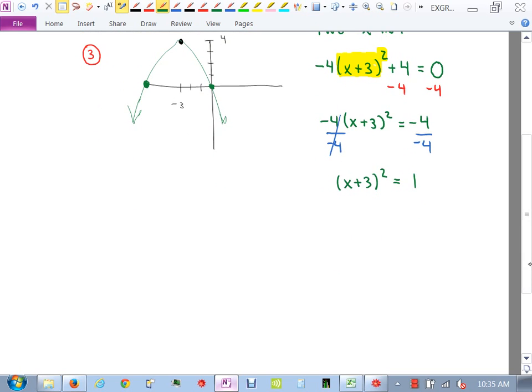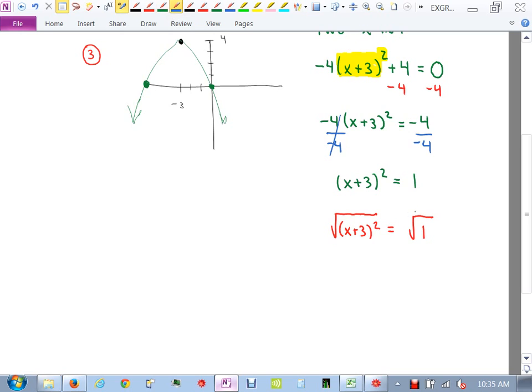Good. So the whole goal is to get that thing squared by itself so we can now come in with square root on both sides. So I'm going to go square root of the left side equals square root of the right side. And I'm forgetting something extremely important here, plus or minus.